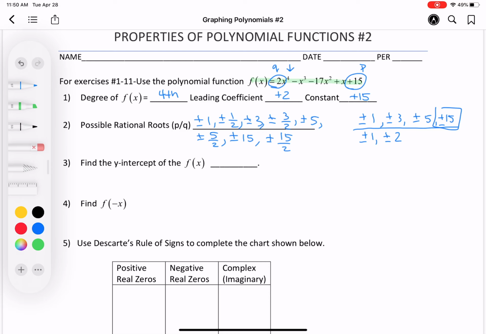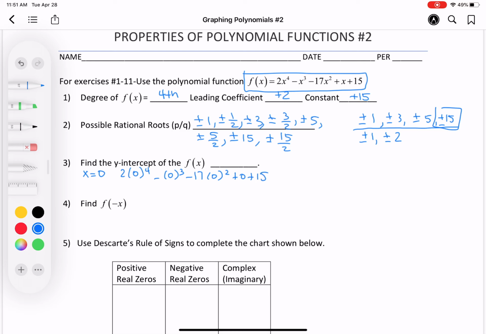Okay, now we're going to find the intercept. Now to find the y-intercept, we are going to substitute x is equal to 0 into the function. So the function up here. We're always going to go back to this function. All right, so let's plug in x equals 0 to find out what our y-intercept is going to be. So by substitution, 2 times 0 to the 4th minus 0 cubed minus 17 times 0 squared plus 0 plus 15.